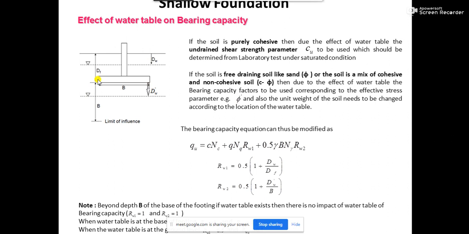It will affect this RW2 factor. This dw dash will become equal to 0, and thus your RW2 factor will become 0.5 multiplied by 1, which equals 0.5.